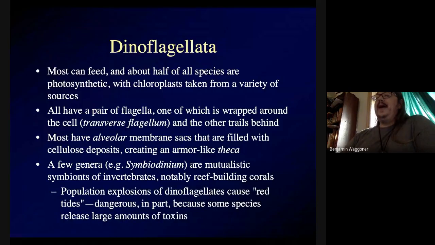Reef-building corals have lots of symbiotic dinoflagellates in their tissues and depend on them to survive. If corals kick their symbionts out, it's called coral bleaching, and a reef that does that is in real trouble. This is something that we've seen a lot of in recent years.